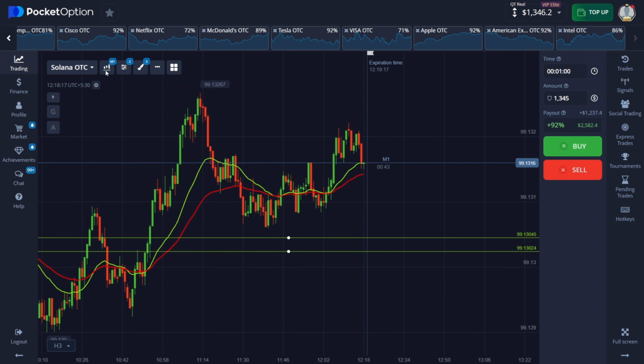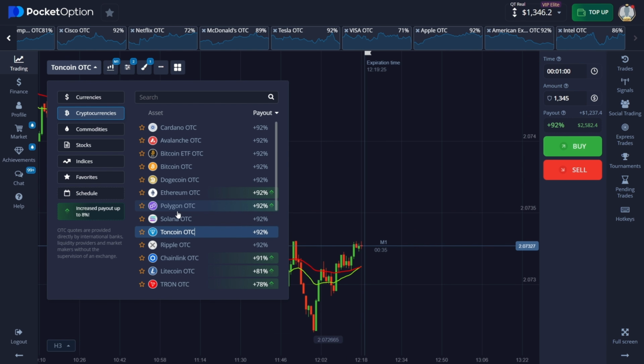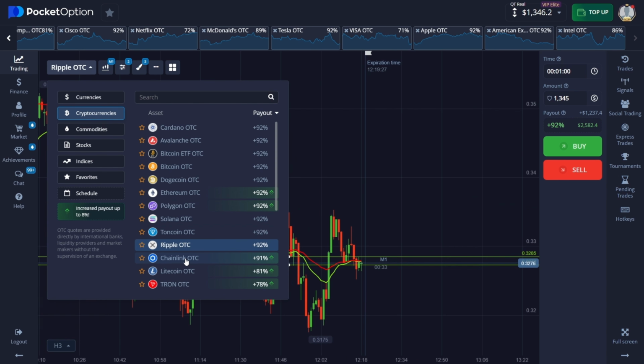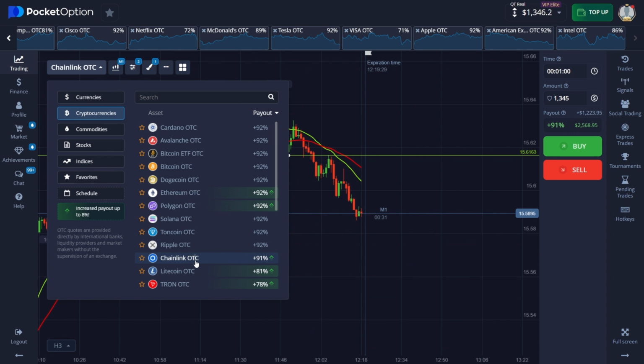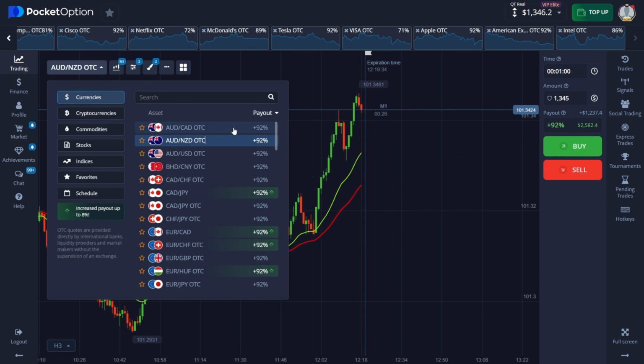Okay, I found a trade on Solana. The candle broke through the EMA 25 and 50, so I'll avoid that one. Let's look for another trade on currency pairs.